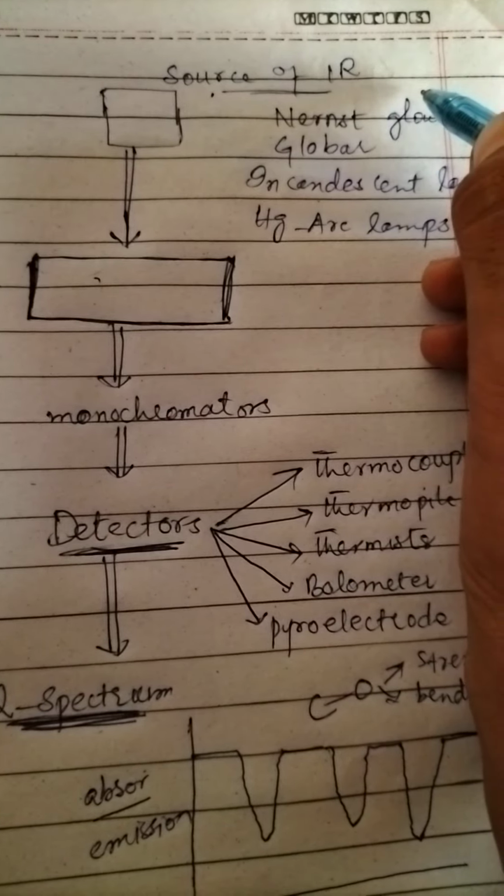We will study all of these in detail. After this, we will study the sample compartment, then the monochromators and the detectors, IR spectra, and the factors that affect the IR spectrum in interpretation of IR spectrum.